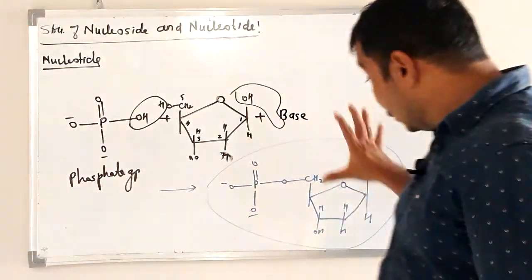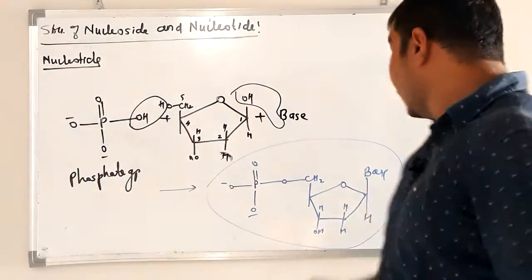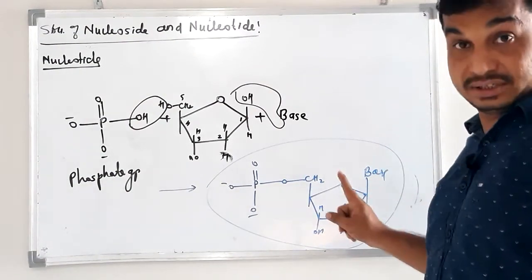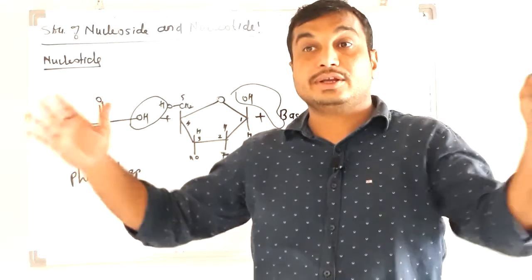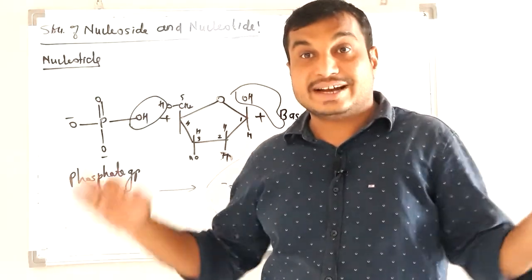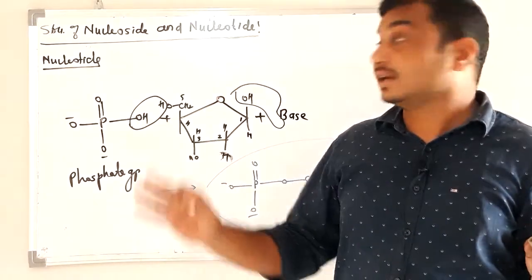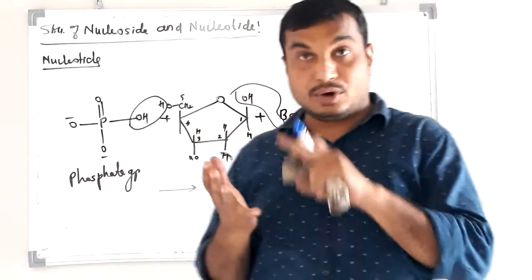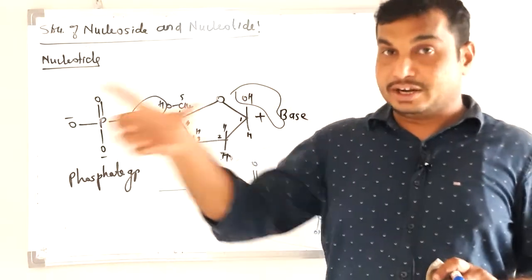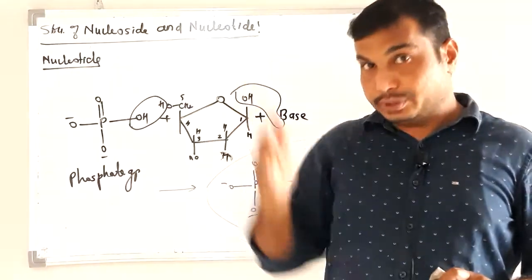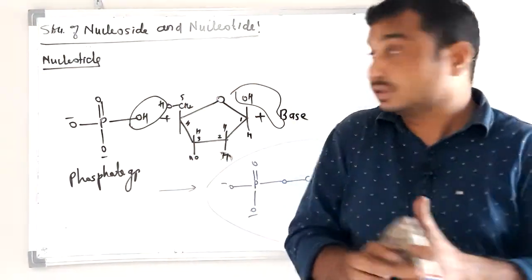And a large number of nucleotide molecules having different combinations of bases combine together to form a polynucleotide chain, that is nothing but nucleic acid. So getting my point, what is nucleoside? In nucleoside, sugar and base combine; in nucleotide, phosphate, sugar and base.